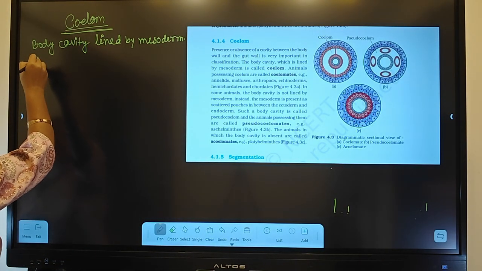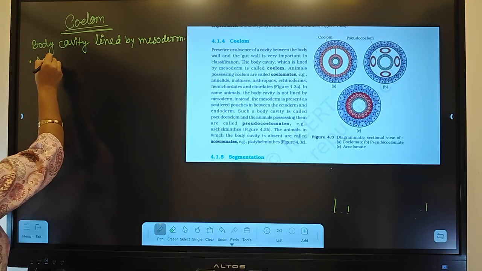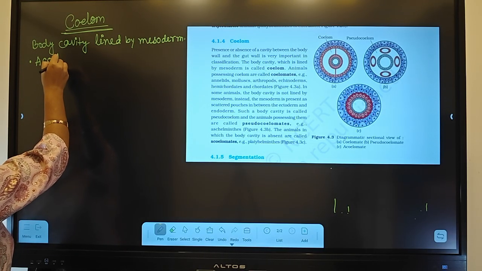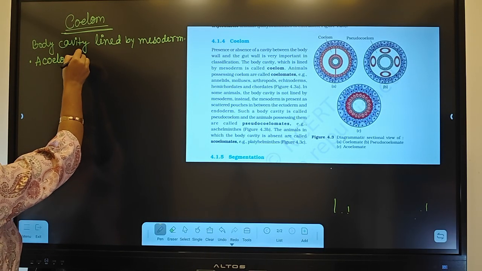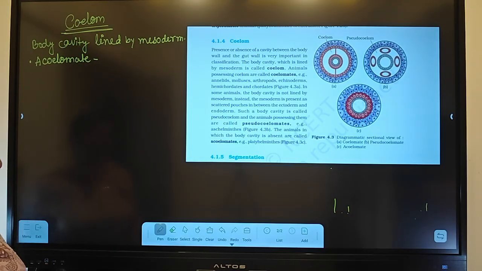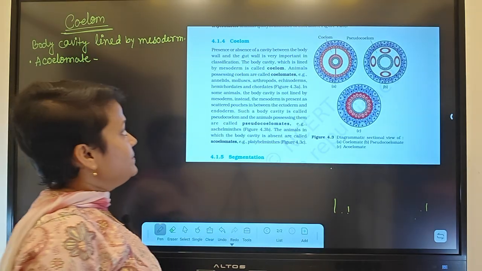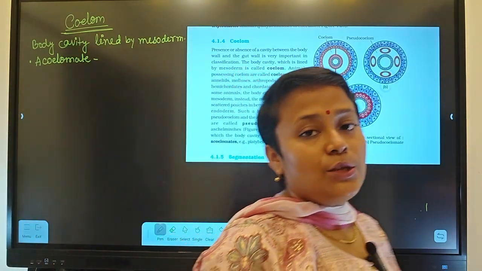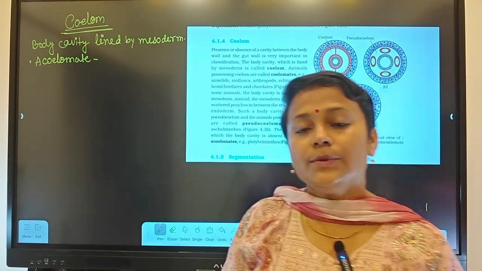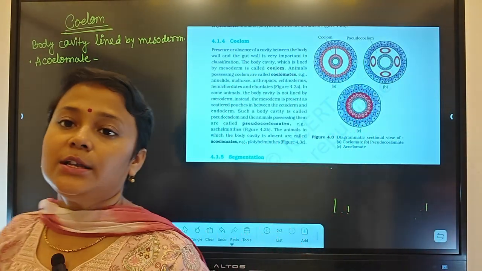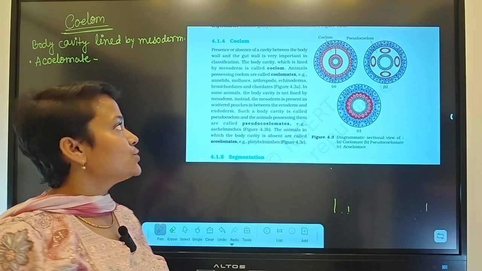On the basis of that, there will be three types of animals. First is called acoelomates. Acoelomate means the animals possessing no coelom. There may be a body cavity, but it will not be lined by mesoderm.